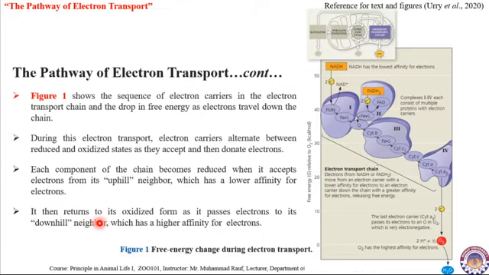It then returns to its oxidized state. So a carrier is first reduced and then oxidized when it passes electrons to its downhill neighbor, which has a higher affinity for electrons. So first reduced, then when it passes electrons to the next carrier it is oxidized, and this is the ascending order of electronegativity.